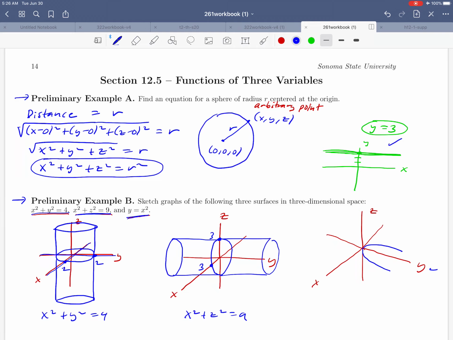And because z is missing from our equation, we need to think of extending that parabola up and down. Okay, I'm just going to extend it up because extending it down would be kind of hard to see what we're looking at. Okay, so imagine taking every point on that parabola and extending it straight up. And so what you get is kind of a sheet that has the parabola as its base.